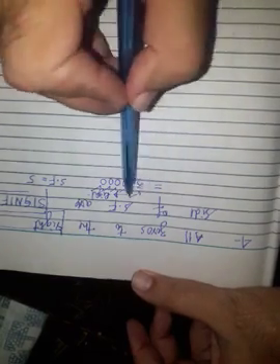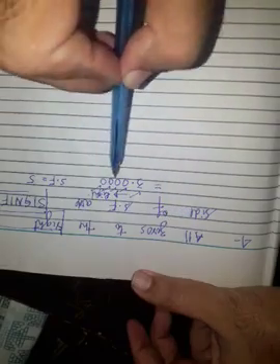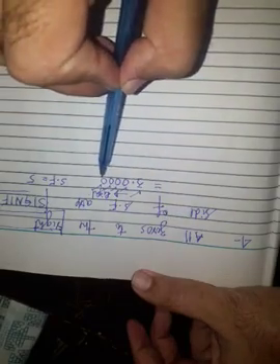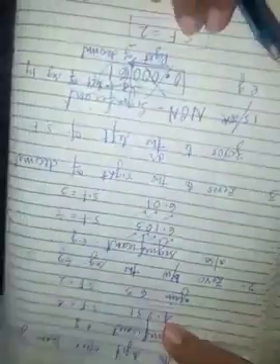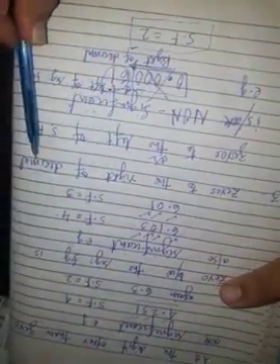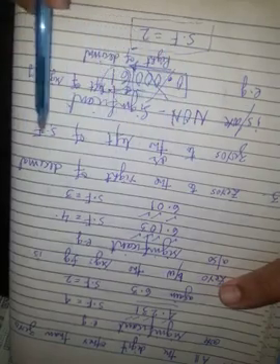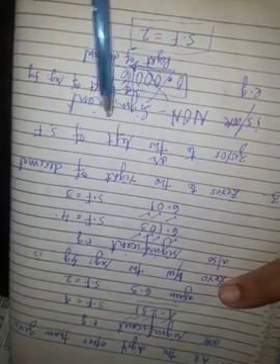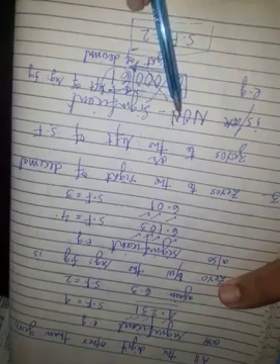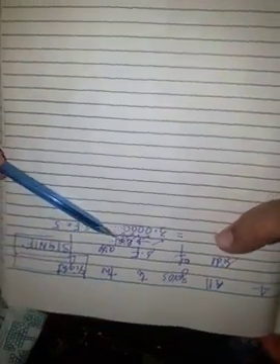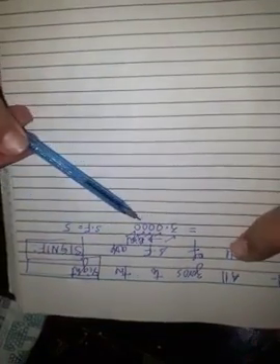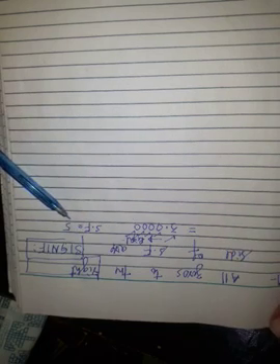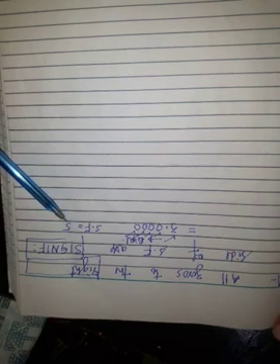Again, I repeat, zeros to the right side of significant figures are significant. In the previous case, we said zeros to the right of decimal or zeros to the left of significant figures are non-significant. Now we say zeros to the right side of significant figure are significant. For example, 3.000.